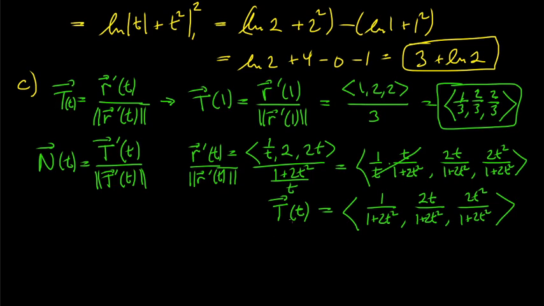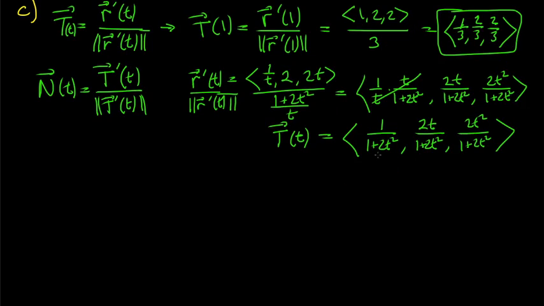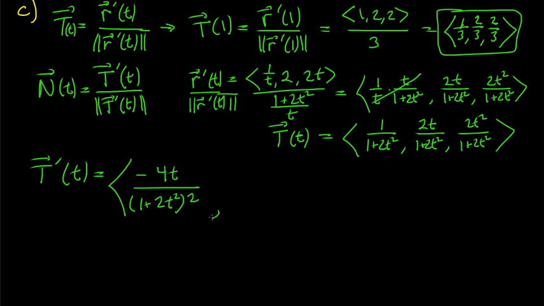Okay, but now we have to take the derivative of this, and that's harking all the way back to Calc 1. So we have your quotient rule here. So denominator times the derivative of the numerator, which is 0, minus numerator times the derivative of the denominator, all over the denominator squared. And then do the same for the second component.